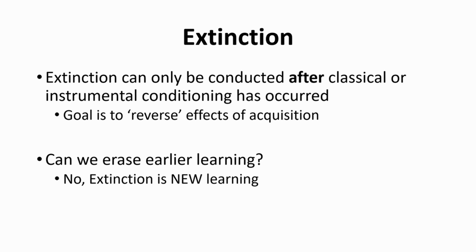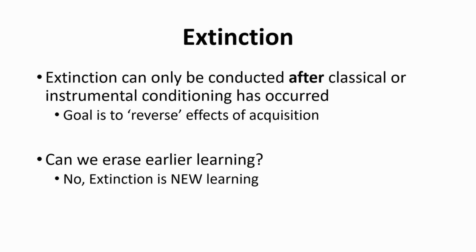Extinction isn't the same thing as acquisition, but in the backwards direction. What we find again and again is that extinction is new learning. So we're not erasing the earlier learning, we are learning a new association that sometimes can override previous learning.